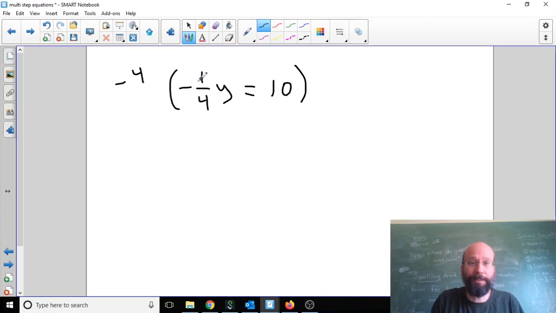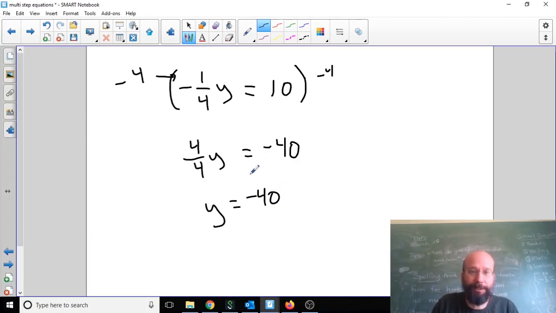So negative 4 times negative 1 over 4 is technically 4/4 y, because you multiply the top number. And then since you have to do it to both sides, I put the parentheses around there, this would be negative 40. And 4 over 4 is 1, which is y.